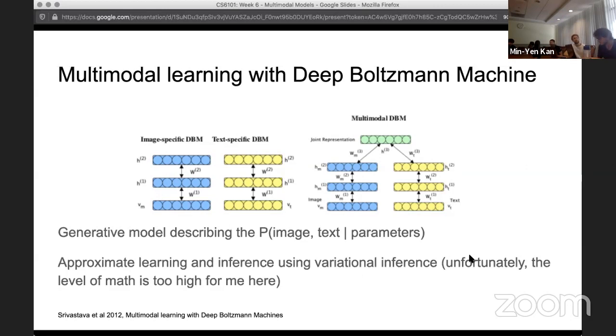But I think the idea of probability makes more sense to me, because that's how they find the solution for this model anyway. They use a method called variational inference. That's too high of a math for me now. But somehow they transform the probability distribution into this problem, and then they do a sort of expectation maximization.